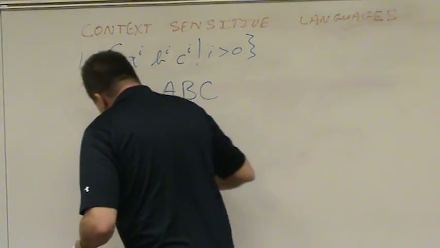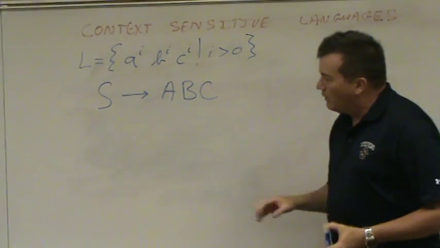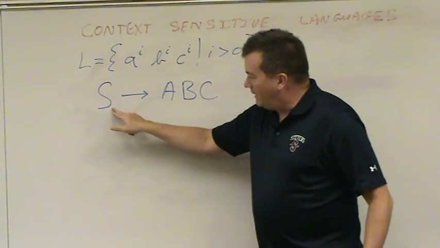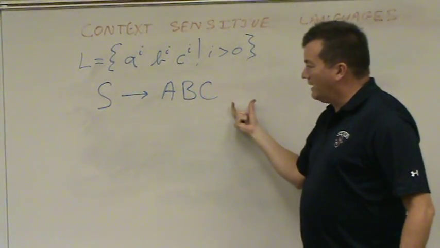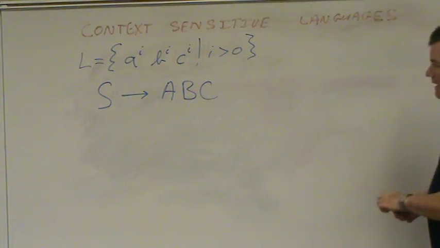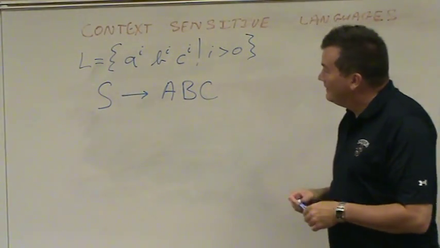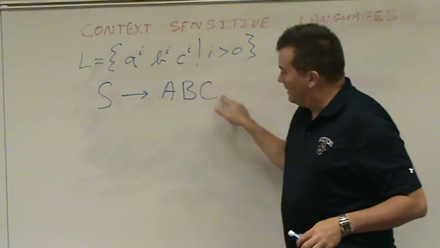Right now, what we've done so far with regular languages and context-free languages, we've always started with our start state and then said, here's the parts we expect to see after it. And then we gave a breakdown of those parts, and they were always described separately, independent of this thing.